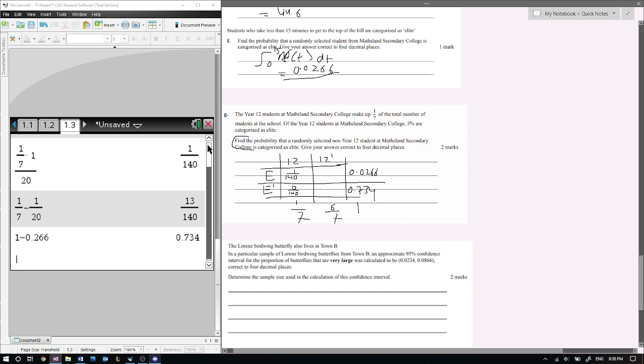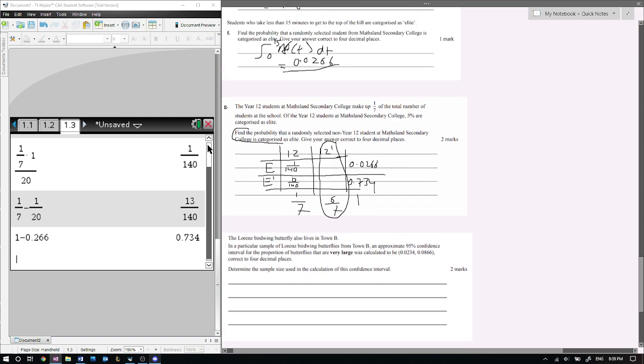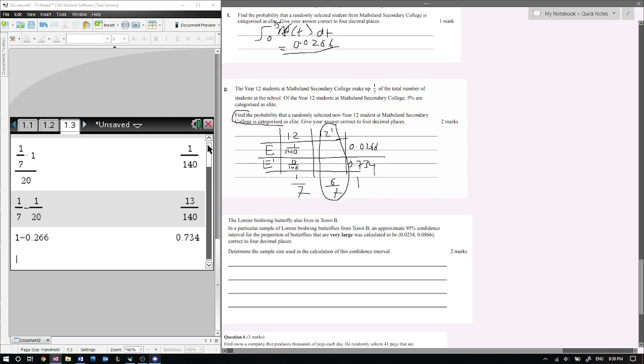So let's just read what the question wants me to find first. Find the probability that a randomly selected non-Year 12 student, so I'm trying to find one that's here, is categorized as elite. And you have to notice the wording. Specifically for this question, because it said a randomly selected non-Year 12 student, it's hinting that it's a given question. So you have to write it out as this, not Year 12.